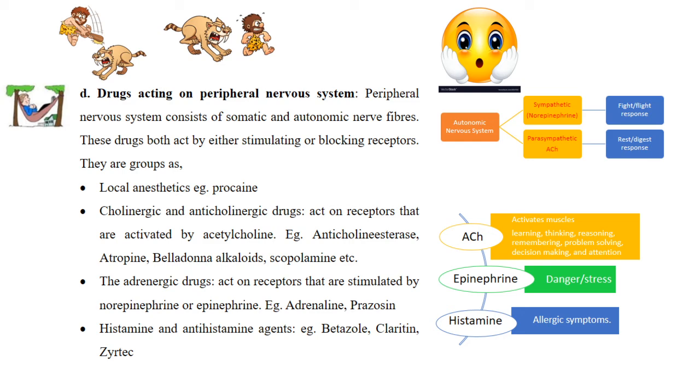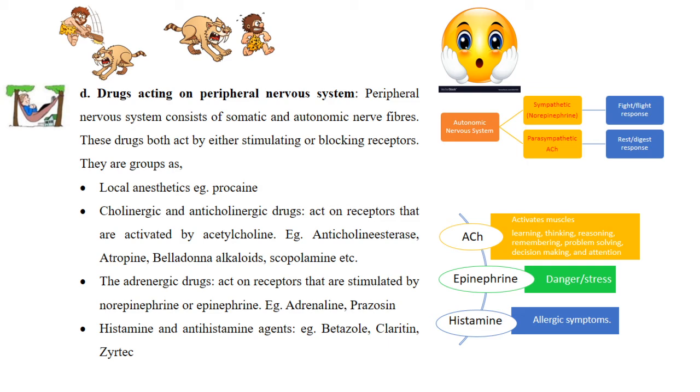Acetylcholine is responsible for activation of muscles, and if there is too much activation, there can be excessive involuntary activities. For example, the stomach muscles will be pumping and the food will be going out frequently, and if the bowels are frequently pumping, urine will be going out frequently. So excessive movement is also not advisable.